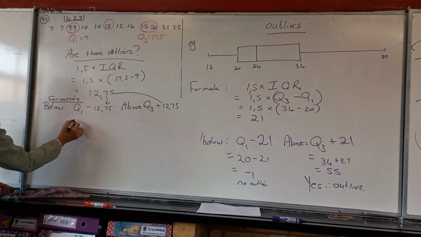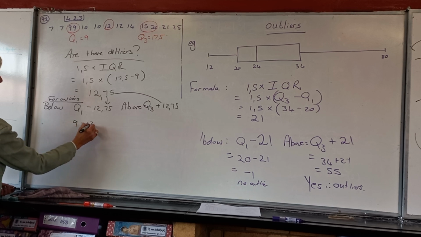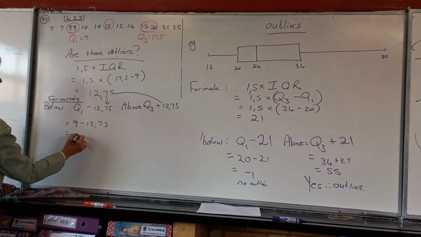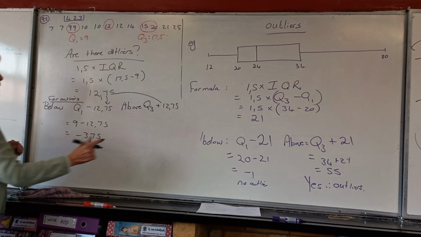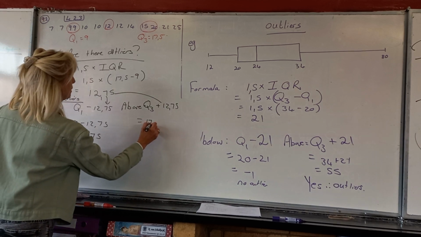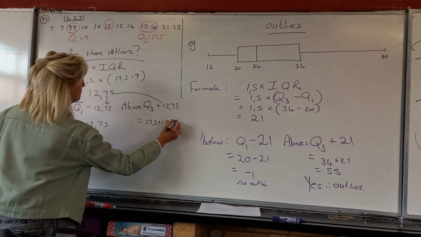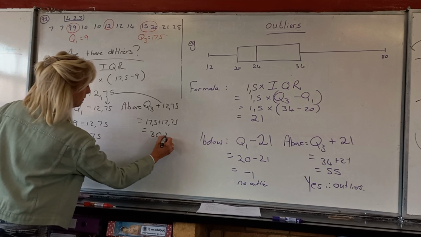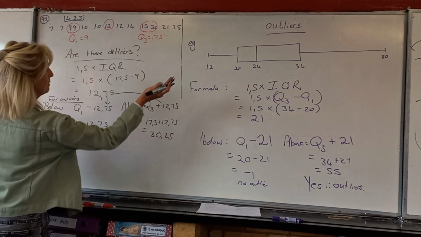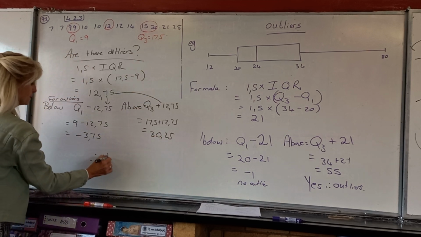Q1 was 9 minus 12,75, and that's minus 3,75. Anything below minus 3,75, there's nothing below that, so no outlier. And above Q3 that was 70,5 plus the 12,75 was 83,25. There's nothing. So this one has absolutely no outliers.